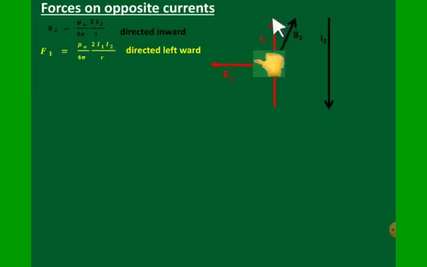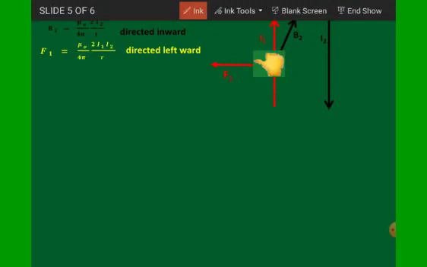This red arrow represents the direction of the current I1 in the conductor PQ, and the magnetic field is directed inward, perpendicular to the plane of this paper. So the direction of the magnetic field at this point is inward.